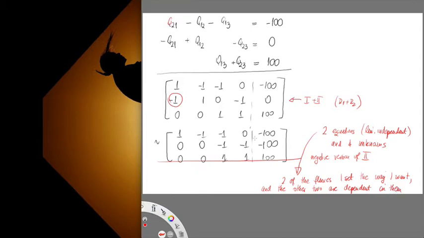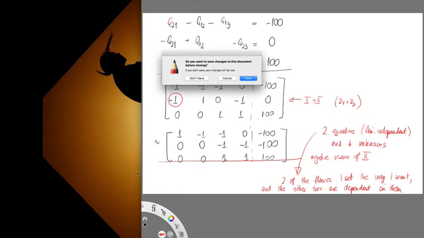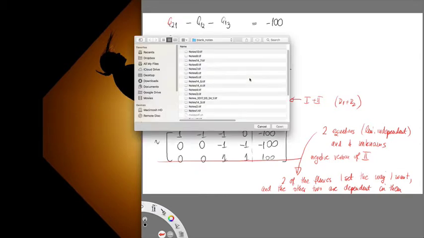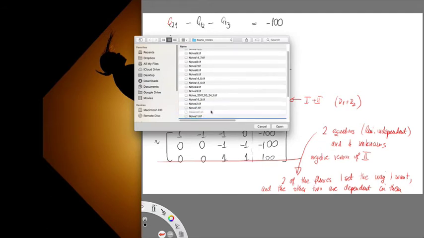If I start from the second equation, that's essentially my back substitution. Good. So from the second equation, minus Q13 minus Q23 is minus 100. So essentially my Q13 is 100 minus Q23. This is one of the ones that I'm going to leave as a parameter.